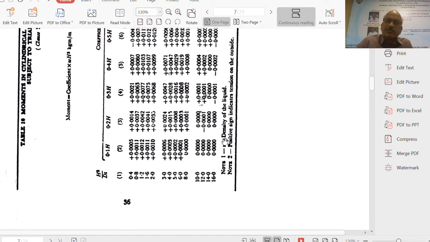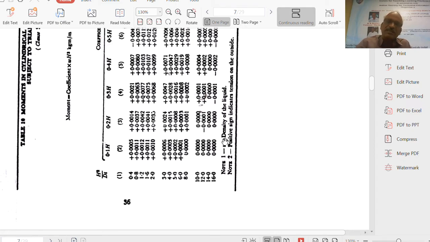So, 1000 kilogram per meter cube is the unit weight of water. If it is converted to SI units, it will be 9810 newton per meter cube, that is 9.81 times 1000.